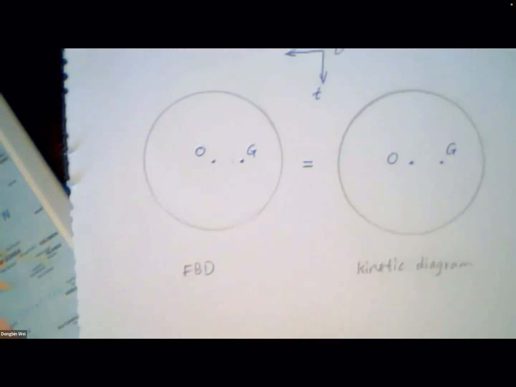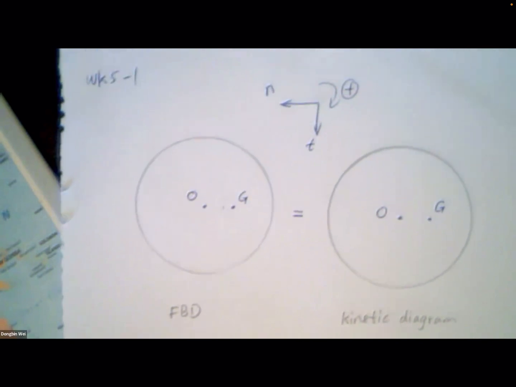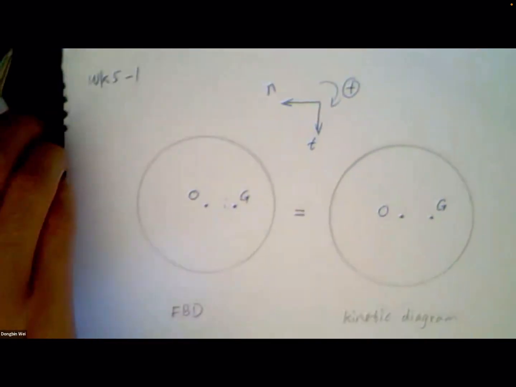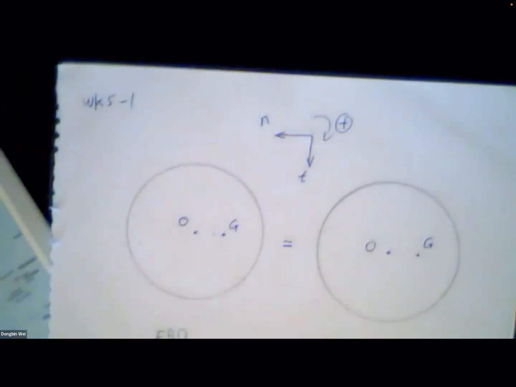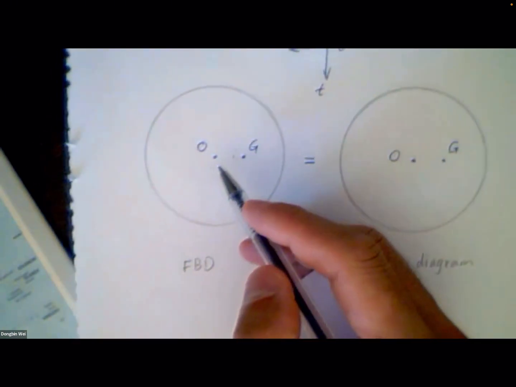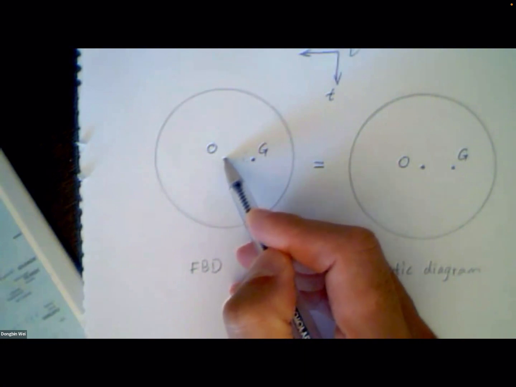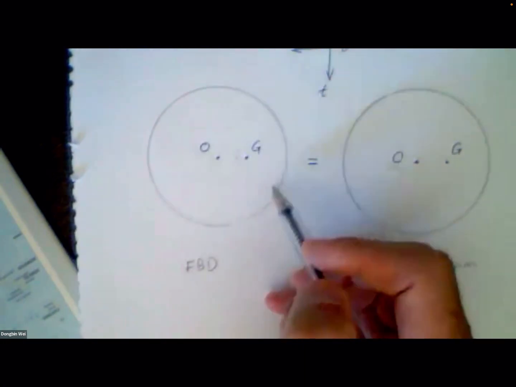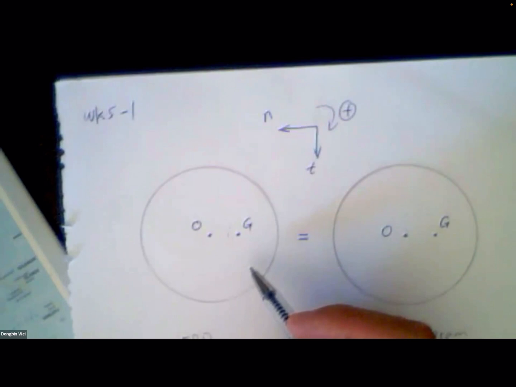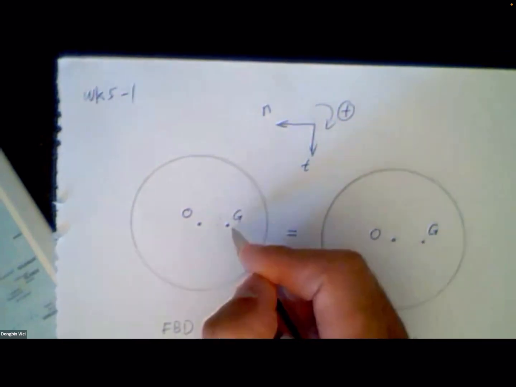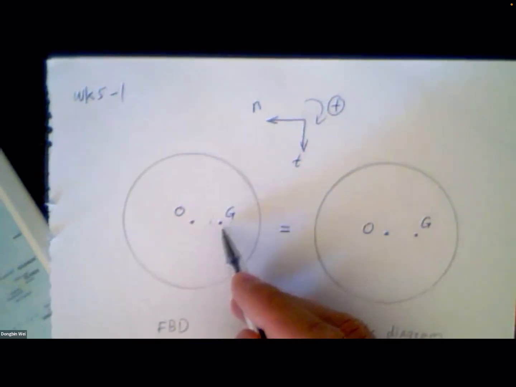In this problem, we can have a diagram, and in this diagram we have the rotation center. The rotation center is also the circle center of this flywheel. And we have the mass center point G here.